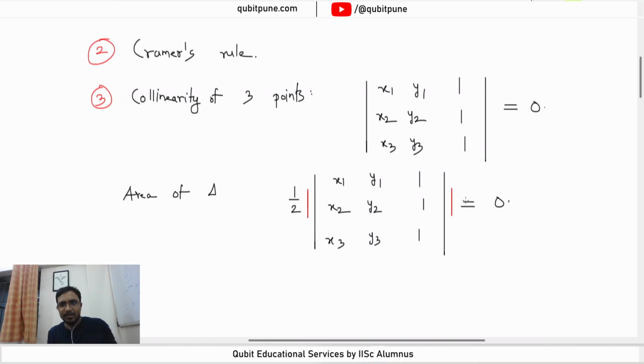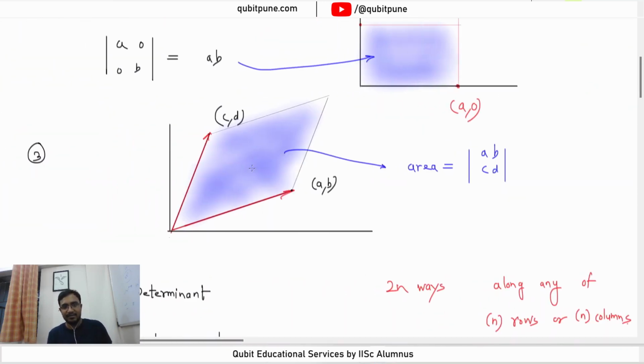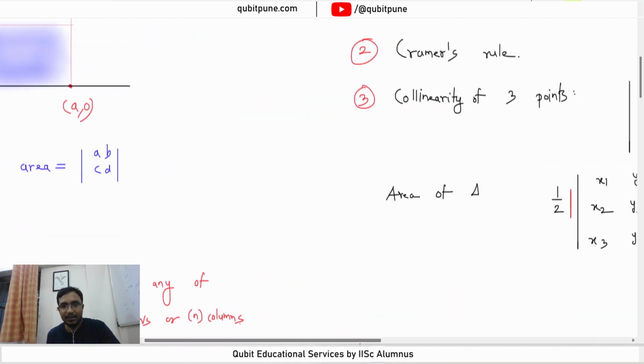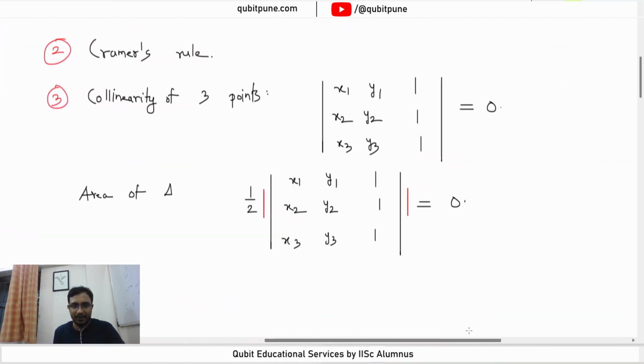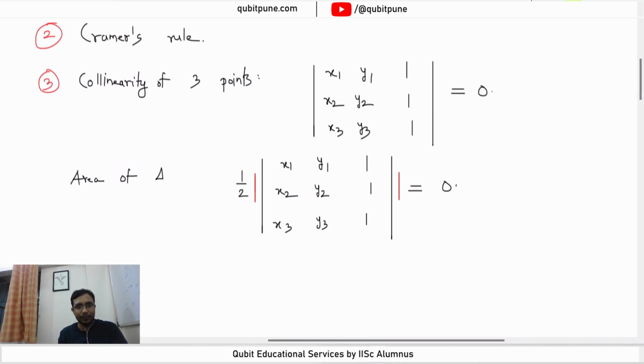Now this all stems out of the fact that this is the area of the parallelogram. If we shift origin to somewhere else, we might require a 3 by 3 determinant to evaluate that. This is area of triangle, and this can also lead to the equation of a line, two points form.